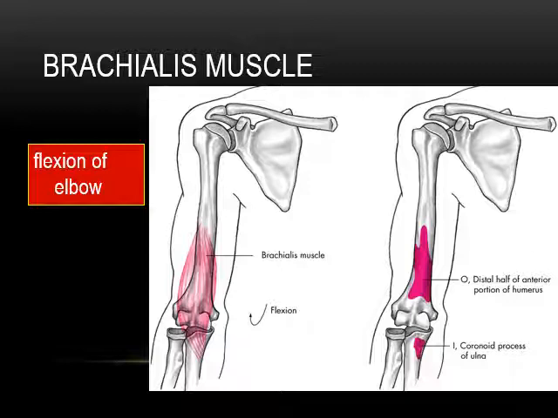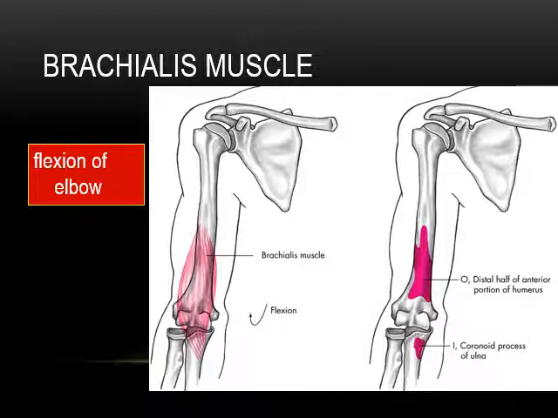Now, the biceps brachii will assist, but if you try to flex the elbow with your forearm pronated, you don't get as much activation of the biceps brachii. You can feel that for yourself. Flex your elbow with your palm up and flex your elbow with your palm down. You can feel a difference in the tone and the tension in the biceps brachii.